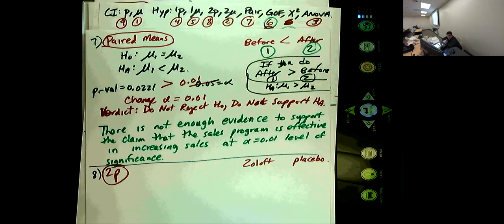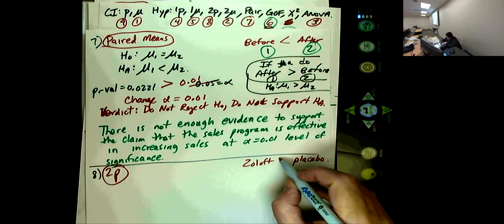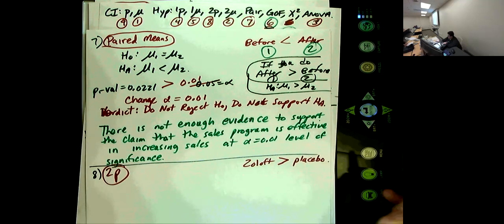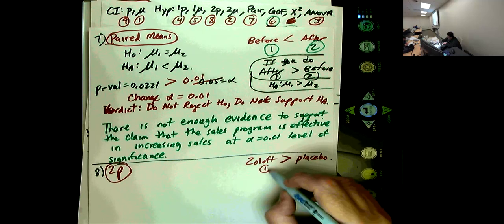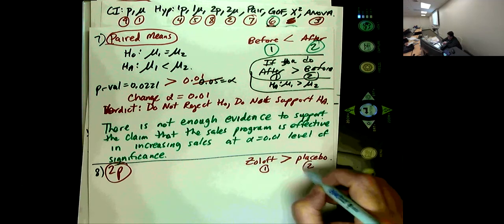The majority of that paragraph is just giving the numbers that are used in it. That last sentence in the first paragraph really just says what this test is. Do a higher proportion of subjects experience dry mouth who are taking Zoloft versus the proportion taking placebo? Higher would be Zoloft is greater. So I'm going to say Zoloft is group 1, placebo is group 2.